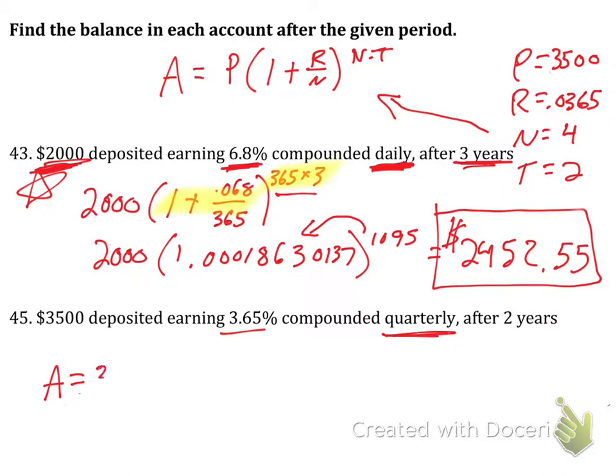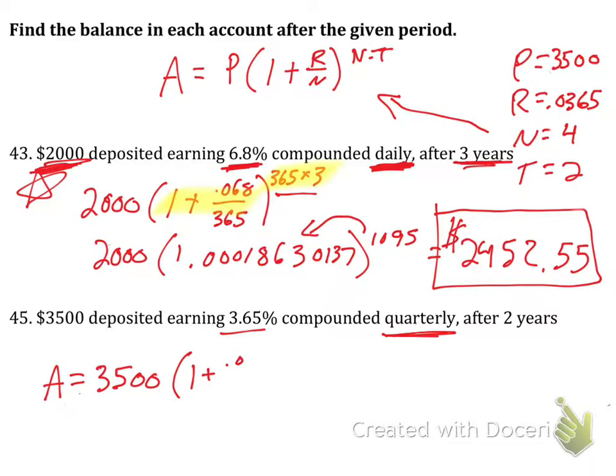So it's going to be 3,500, and then we're going to multiply that by 1 plus my r over n. Oh, that's what I did wrong. I put the number over the n over the t when I should have done the r over the n.